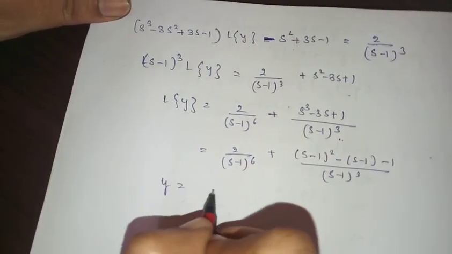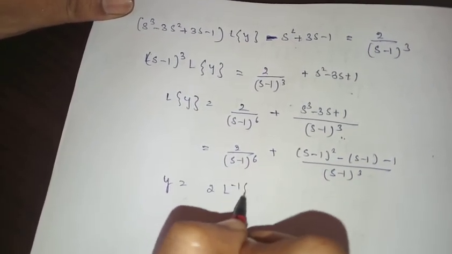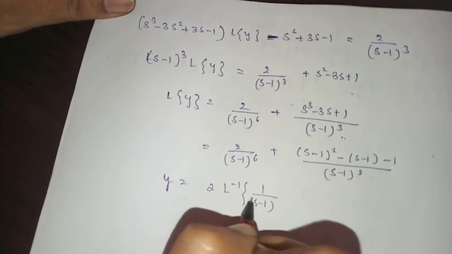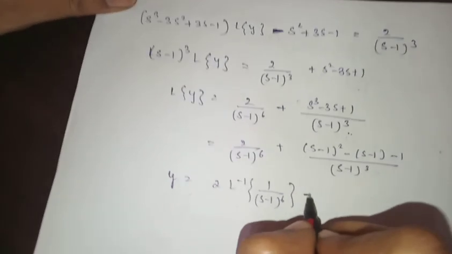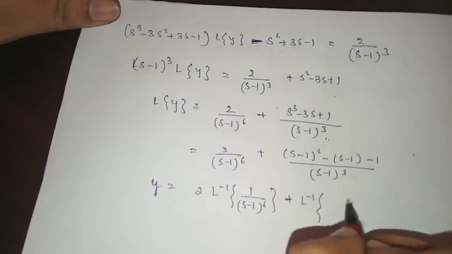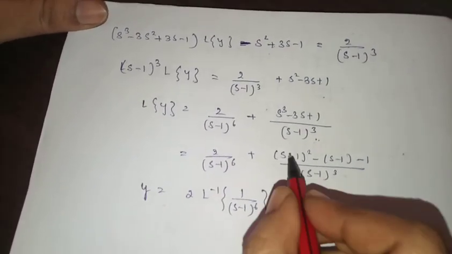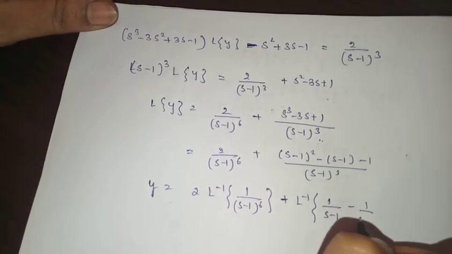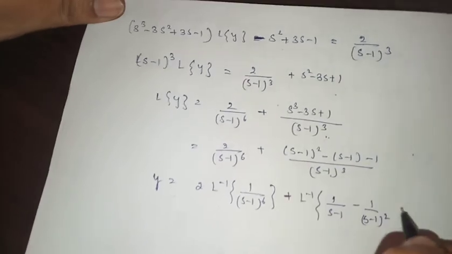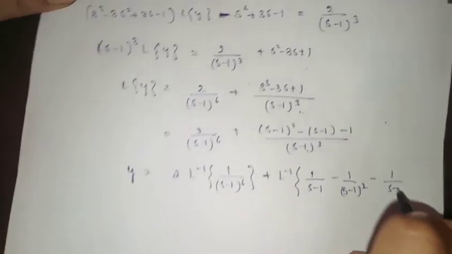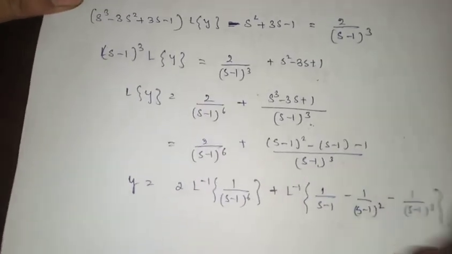So y is equal to 2 times Laplace inverse of 1 by s minus 1 to the power 6, Laplace inverse of 1 by s minus 1, separating the terms, s minus 1 whole square, this becomes s minus 1 whole cube.